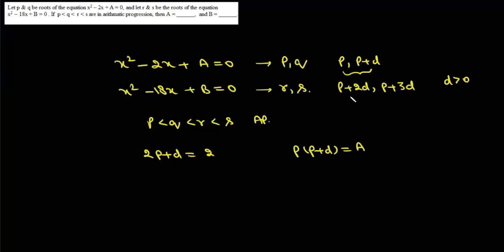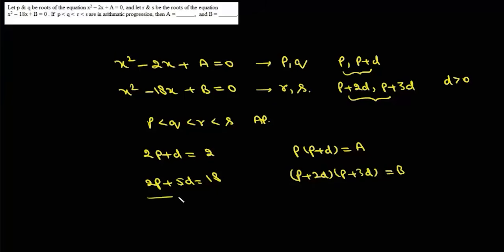And for the second equation, again the sum of roots will be 2p plus 5d equal to 18, and the product of roots, (p plus 2d) into (p plus 3d), that will be b.